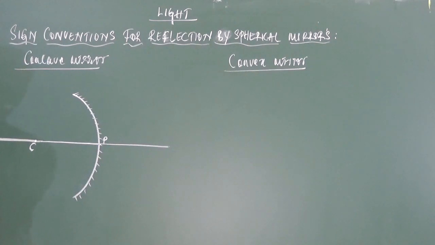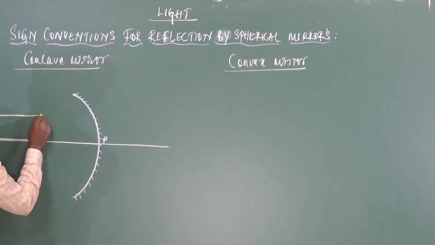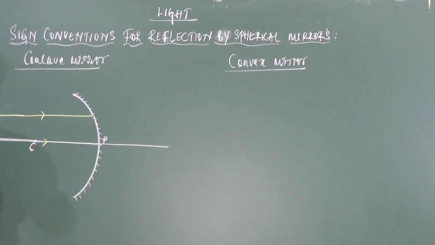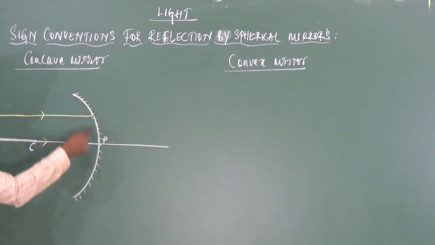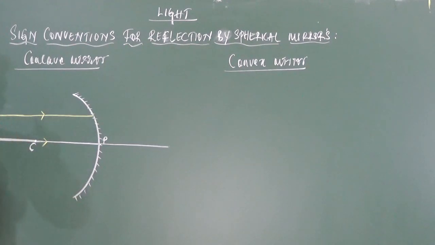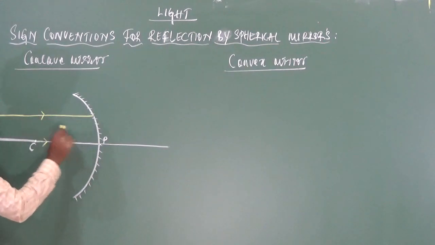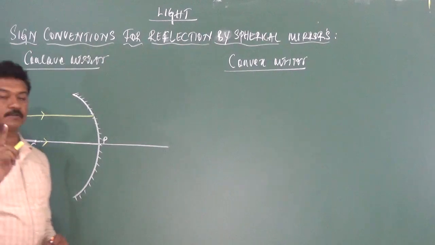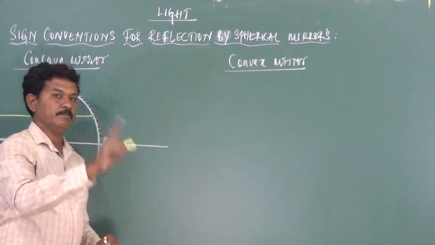Let us imagine a light ray traveling from the object AB towards the mirror, parallel to the principal axis. Now, what is the distance of the object AB from the mirror?